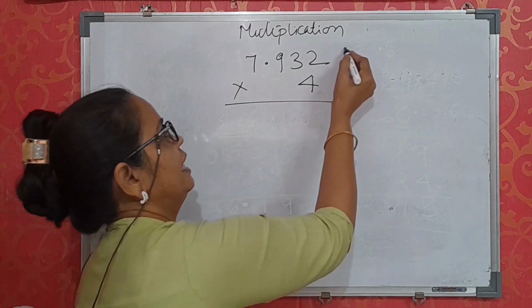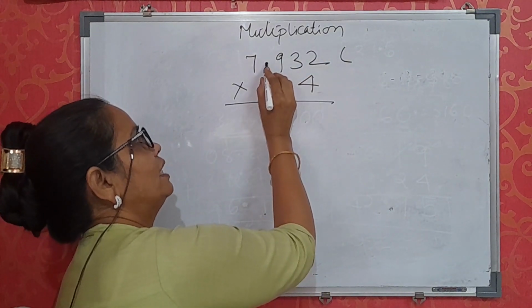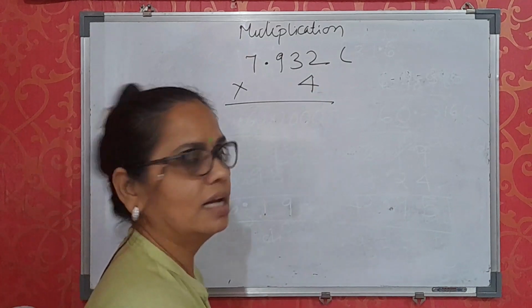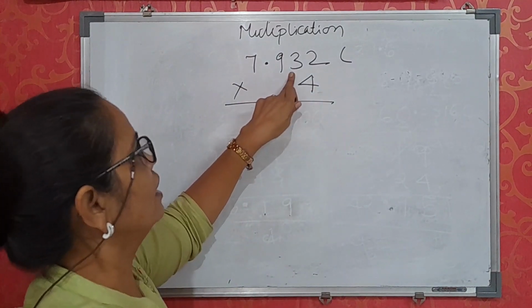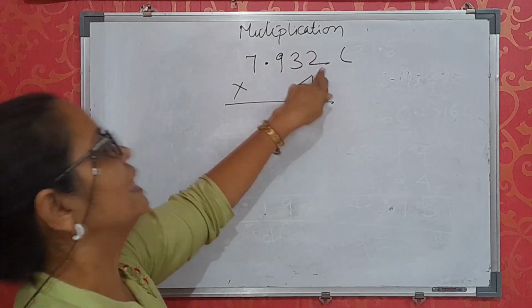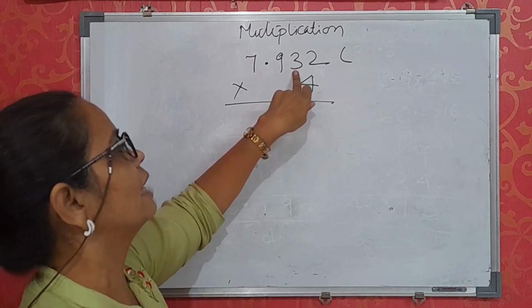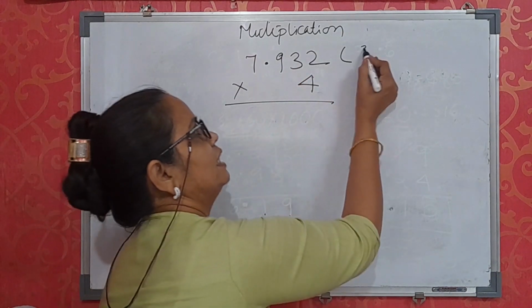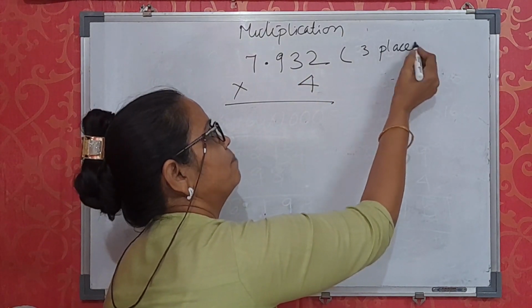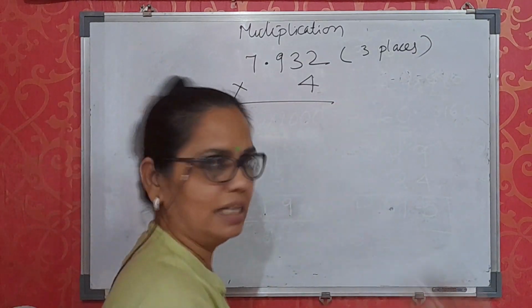First of all, in the decimal number, beside that you have to write how many places are there. So tens, hundreds, thousands places. So 1, 2, 3, because in 1000 3 zeros are there. So write here 3 places. Simple, right? Here no decimal number, so you will not write anything else.